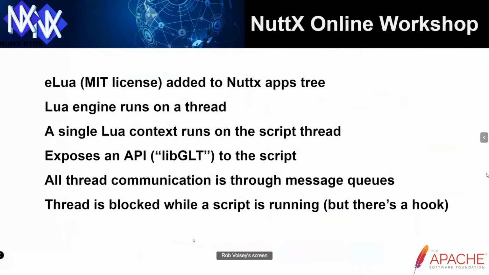But there is a hook, a feature of Lua whereby periodically during execution, and you can tune what that period is, it will call into a callback and give you the opportunity to time slice or do something else. In our case, we only use it to pick up on when we've aborted a script, so we can kill it through a horrible long jump.